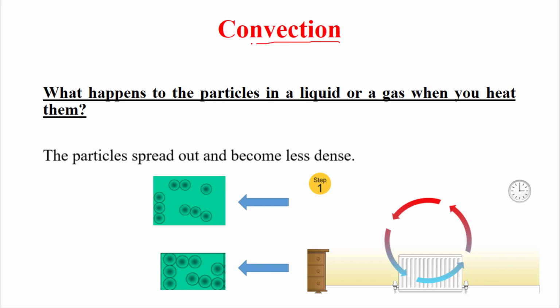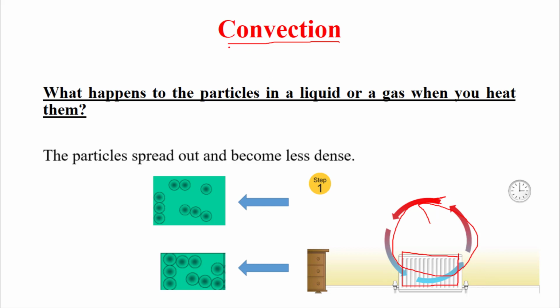While in convection, in order to call it convection, we need a solid at a certain temperature, and we need a moving fluid at another temperature. Moving fluid could be liquid or gas.